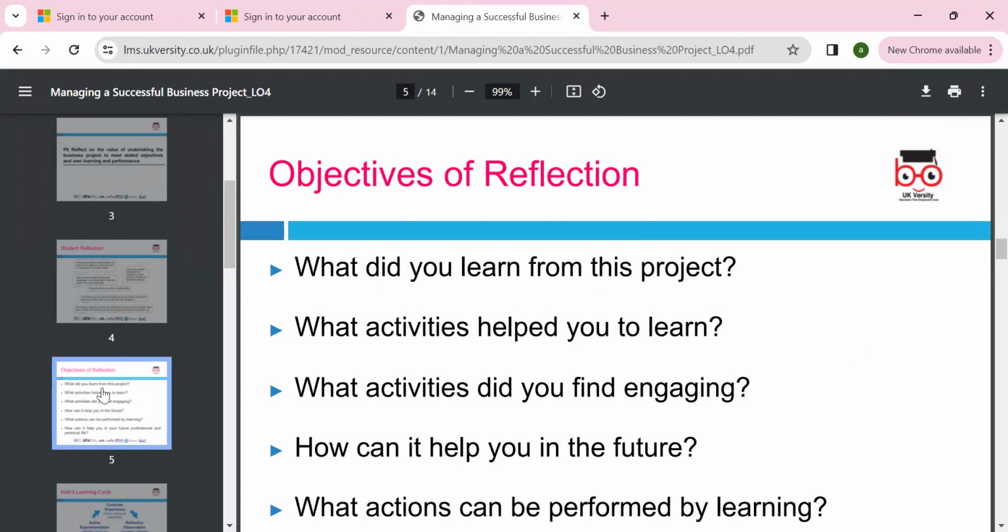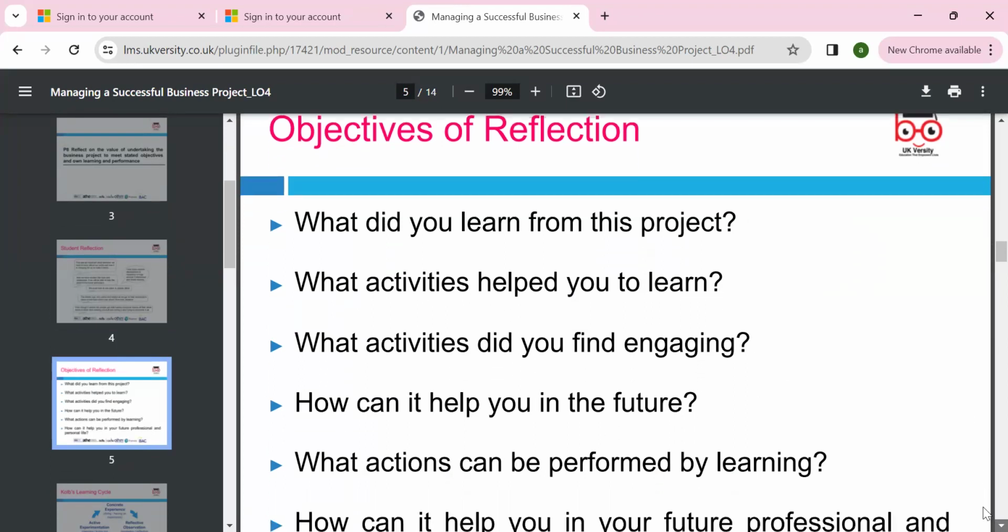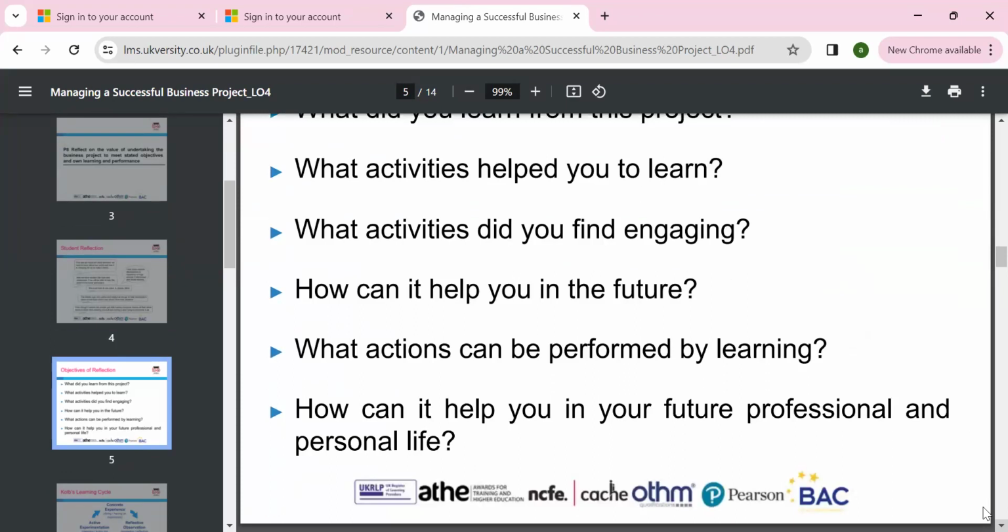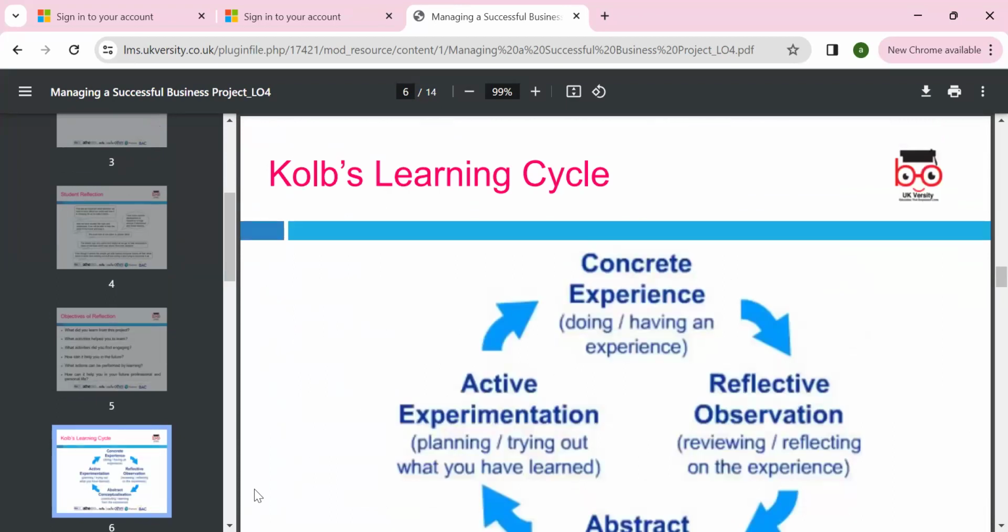Project means activities. What activities helped you to learn? What activity did you find engaging? How can it help you in future? And what action was performed by learning, and how can it help in future professional and personal life, whichever project we do?